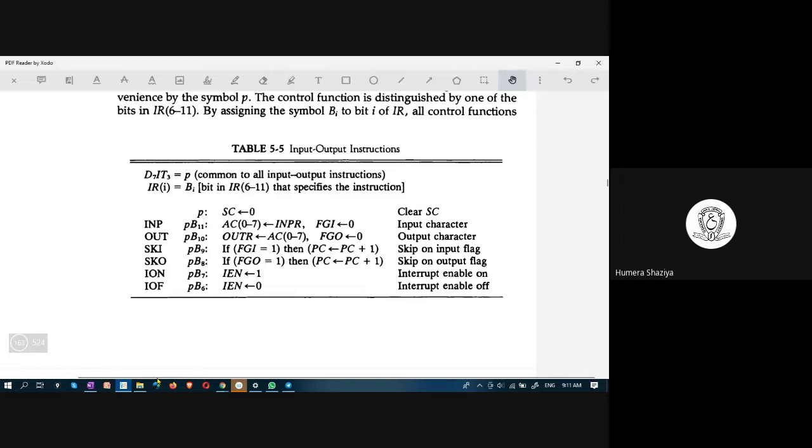So far, we have covered register reference instructions and memory reference instructions. It's now turn to discuss input-output instructions, I/O instructions.